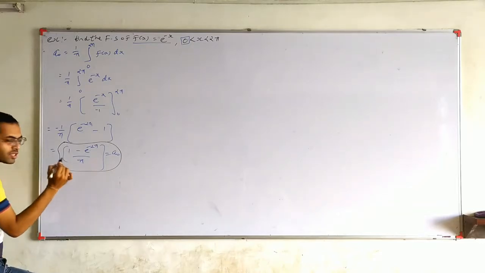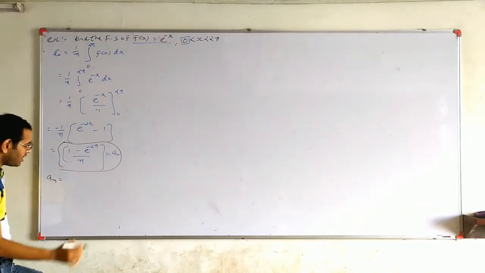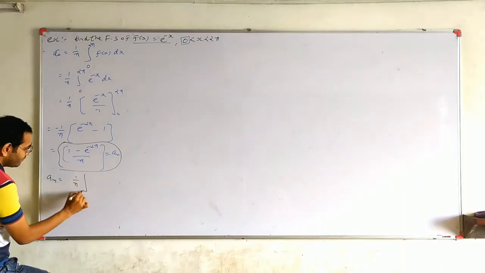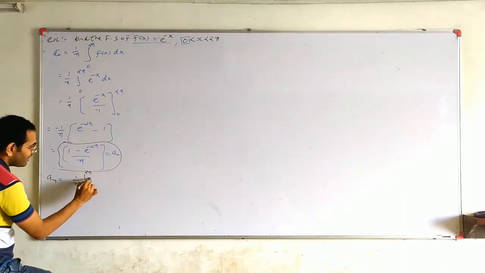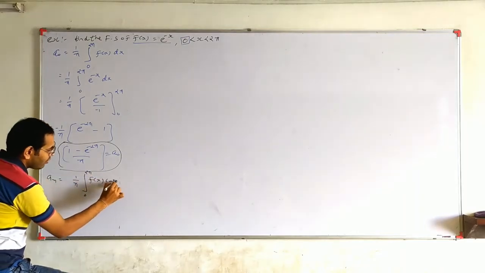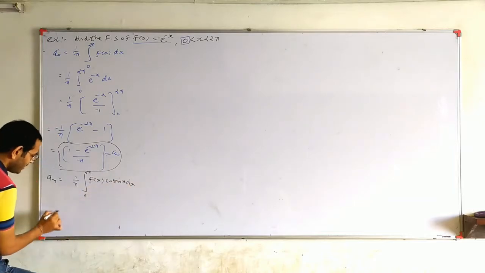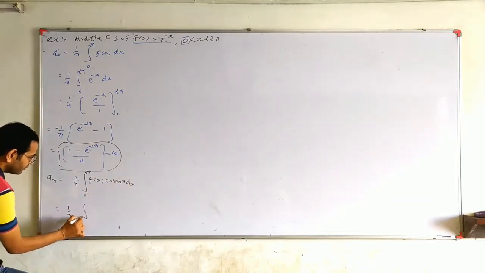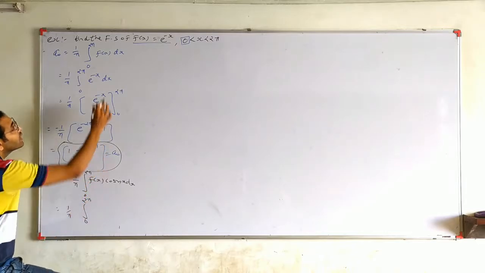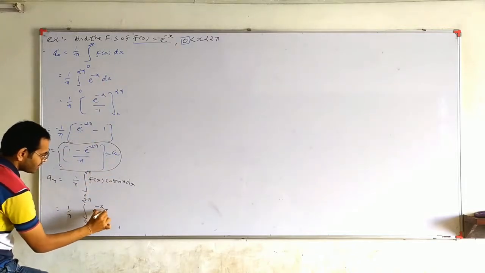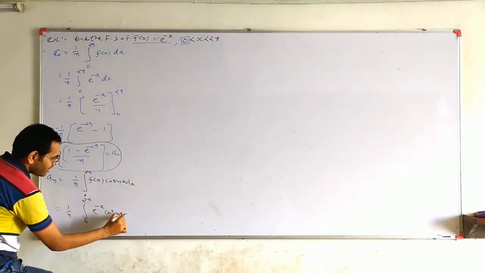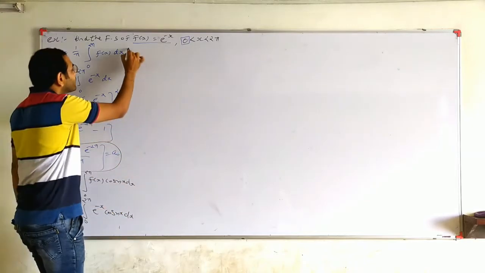Now the next Fourier coefficient is an, which is 1 upon pi integral 0 to 2 pi f of x cos nx dx. Then substitute the function, that is our exponential function, into cos nx dx.